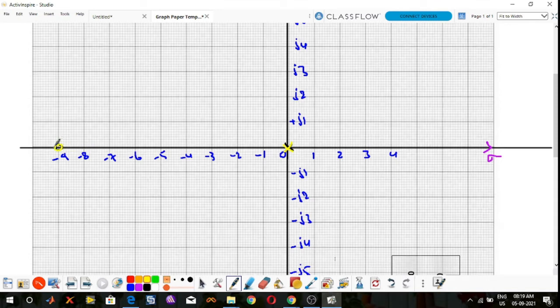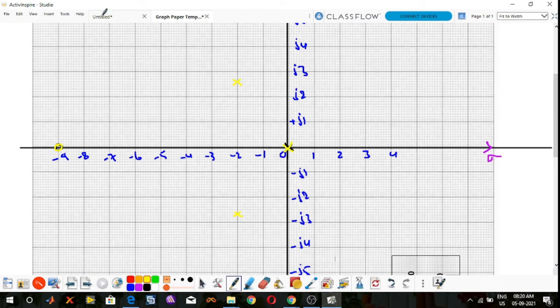The second pole is s is equal to minus 2 plus j 2.64, approximately. And the third pole is minus 2 minus j 6.24, approximately, and this is the third pole.